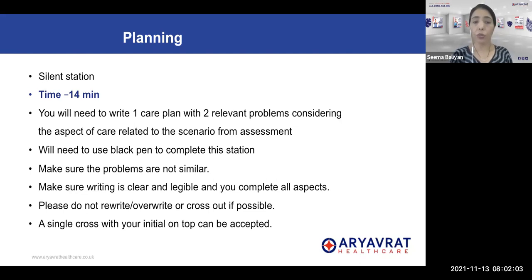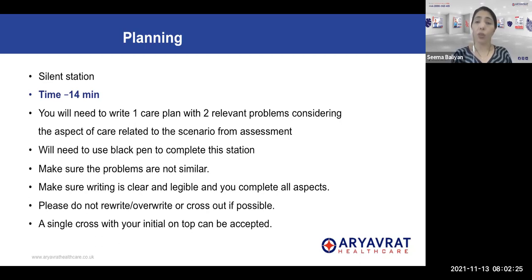Try not to rewrite or overwrite or cross out, but if you have to, then please mark with a single cross and put your initials on the top. It is very, very important that your handwriting is legible, because if no one is able to read it, they are not going to be able to mark it. Please do not use any abbreviations which are not standard abbreviations.